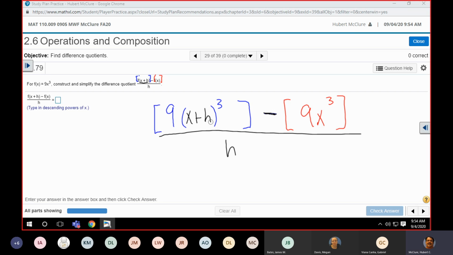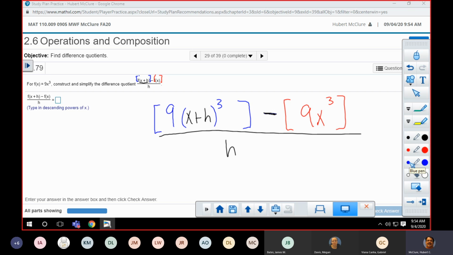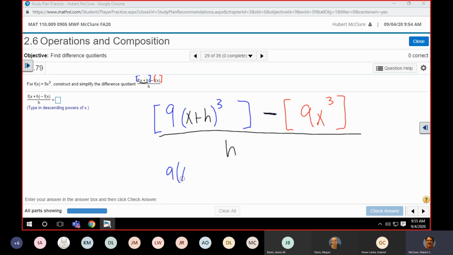Now you've got to do some algebra. I'm only going to be able to get to a certain part before they start knocking the door down. So let's go ahead and get started on it. In blue, you're going to have to do 9 times (x plus h) squared, which is shortcut number 1, times (x plus h) to the first.